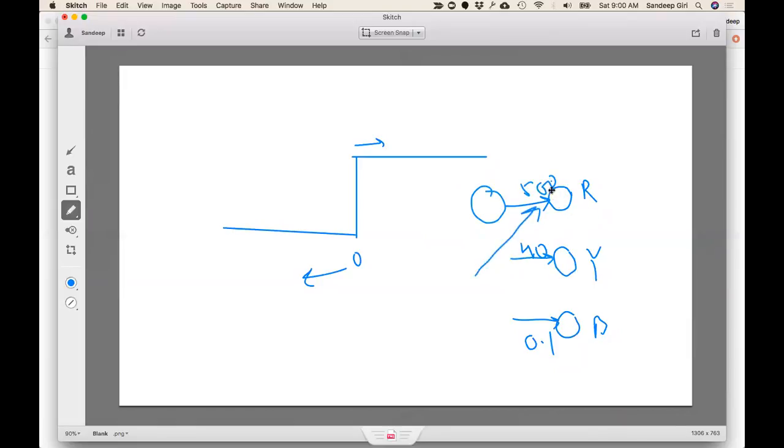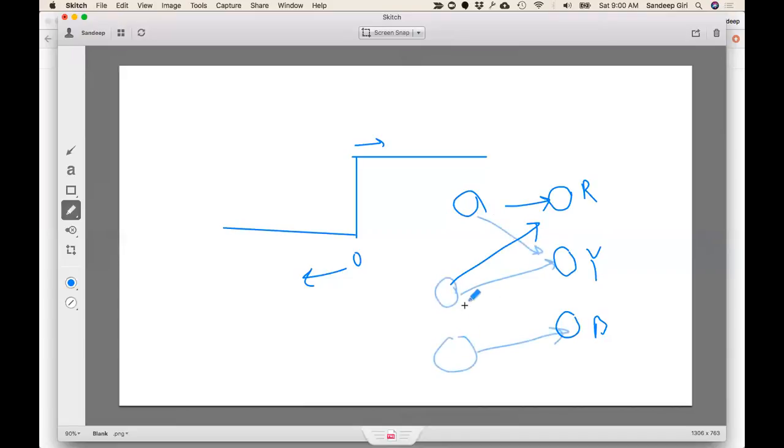Let me make it more practical. Let's say there is a value that is coming up here, and there is one more neuron here.